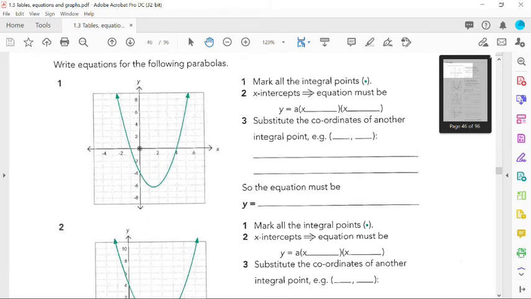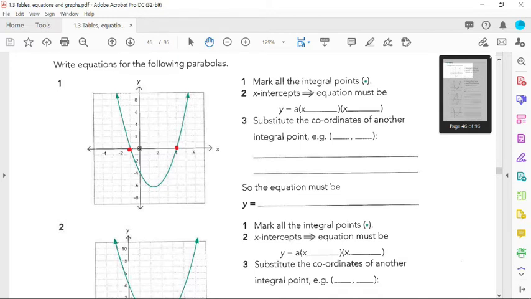Now, integral points for this because if you look at this particular graph, can I find the x-intercepts easily? Yes. Do you know what the vertex is? It's ugly in this one. It's fractions everywhere. Okay? So this one, definitely we want to use the x-intercepts.